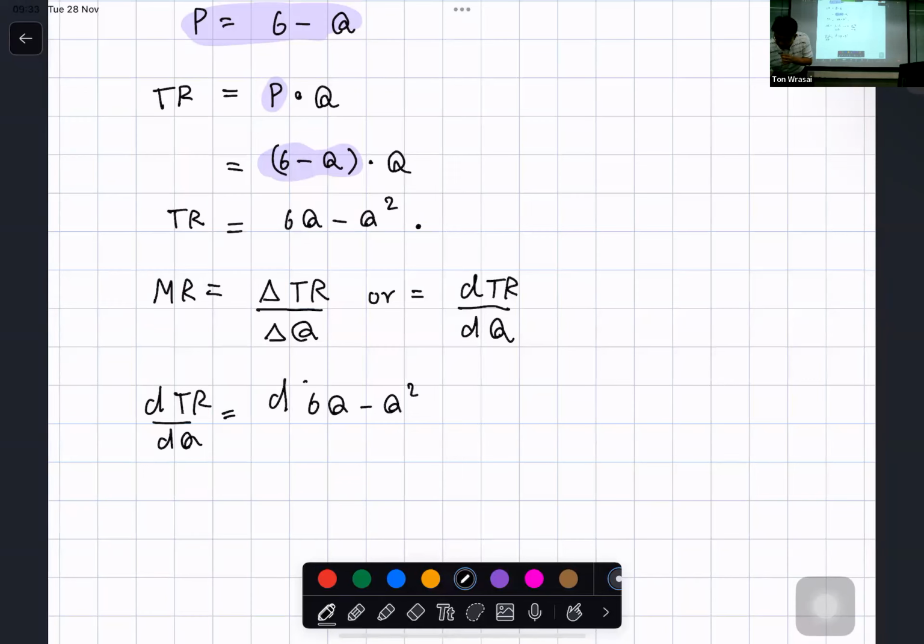dTR by dQ. Okay, this is the TR. Just follow the recipe here.